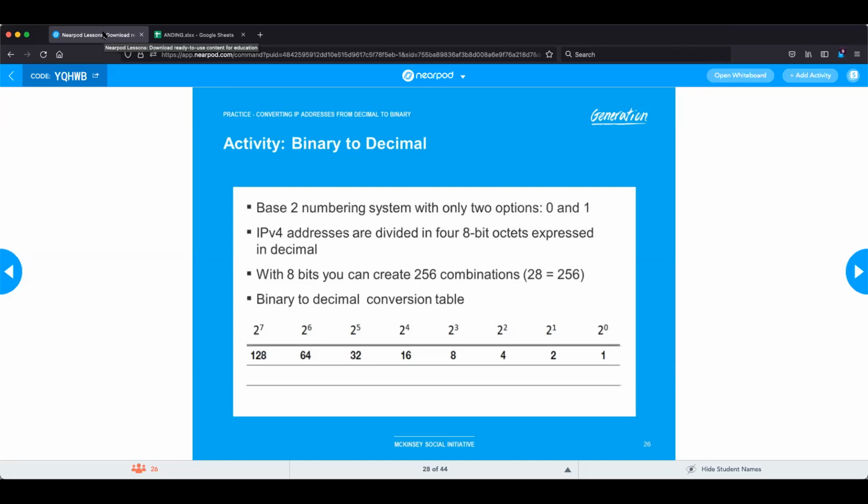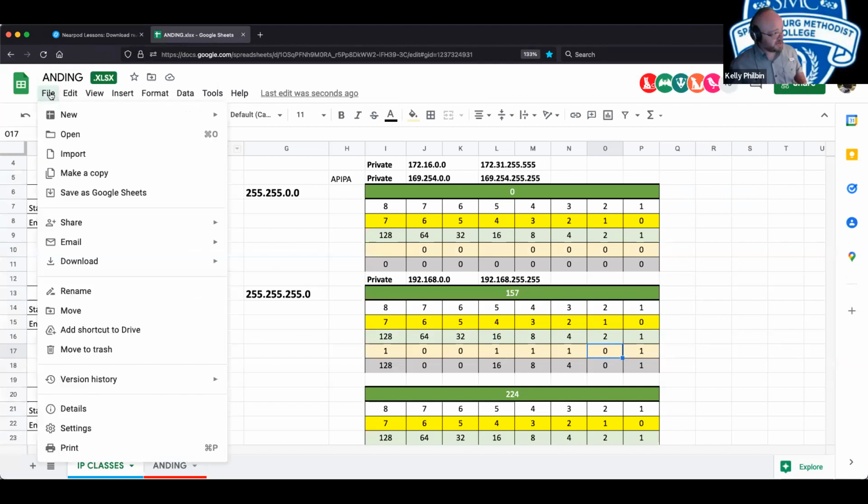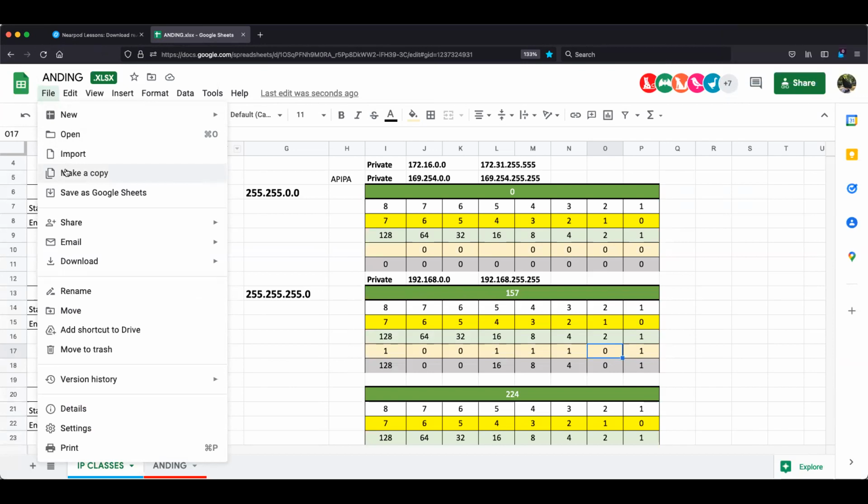Why is it not giving me the option to copy it to my computer? When you click File and then Make a copy, it's not allowing you to save it to your computer. You should be able to change the destination where it goes. It's only giving me my drive.